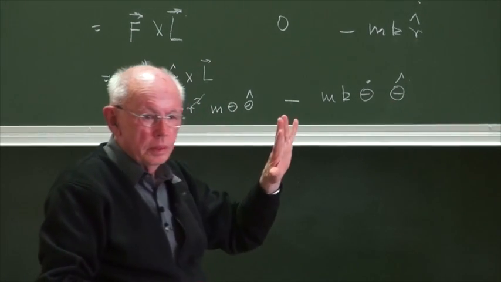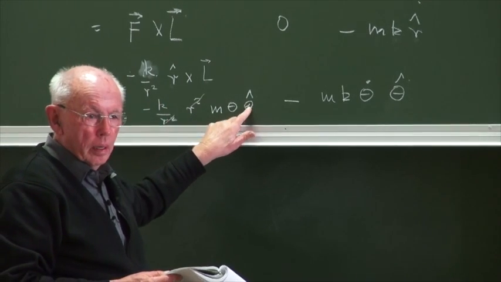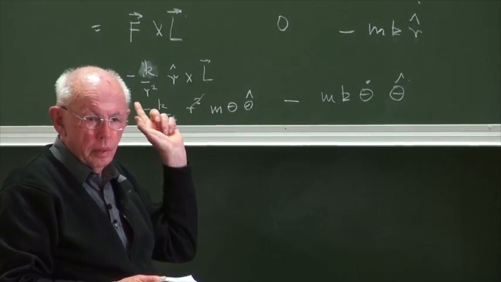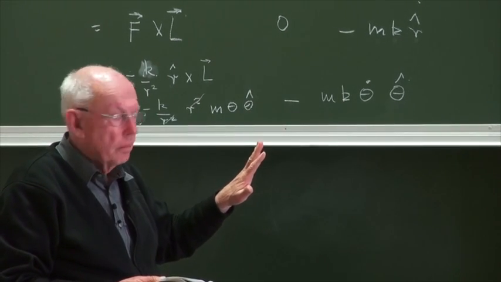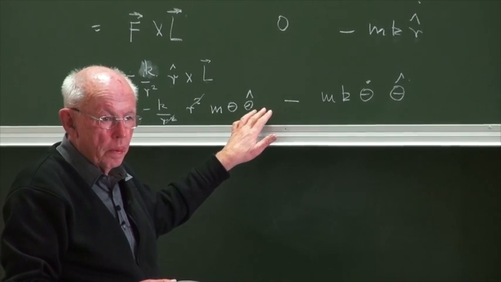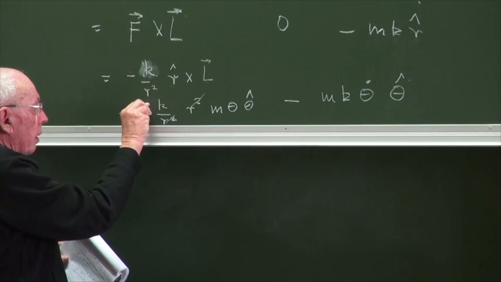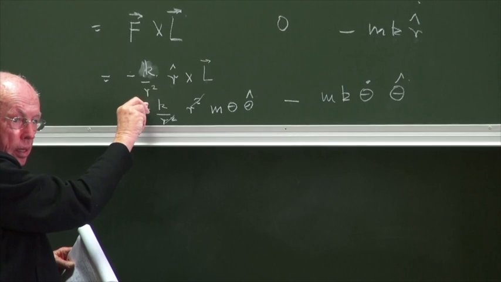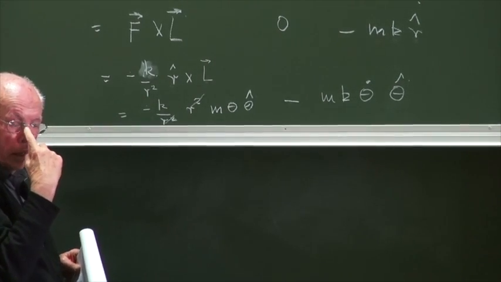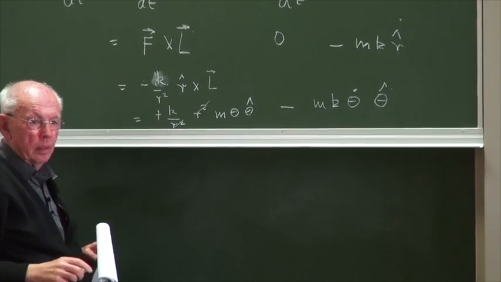I don't want to waste your time, but I can assure you, if you check these things, these two show in the opposite direction and they cancel, and so this is 0. The first term is plus. You can show that, because cross is the opposite of theta direction.